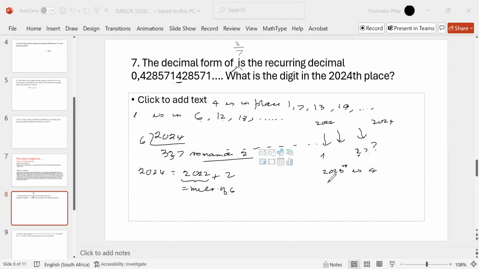And the question is, what is in the 2024th place? Right, so you got 1, 4, so it has to be 2. This is 2022, 2023, 2024. Okay, so the answer is 2.